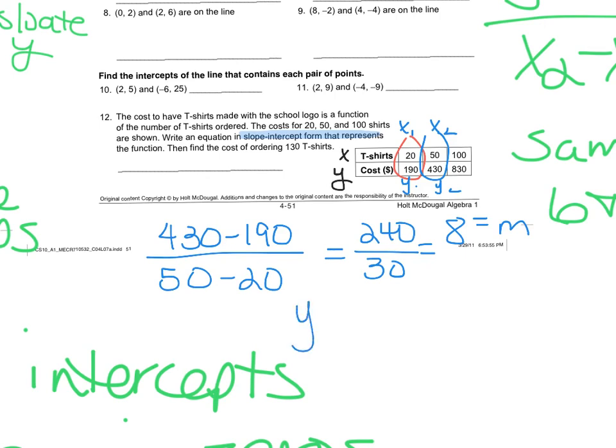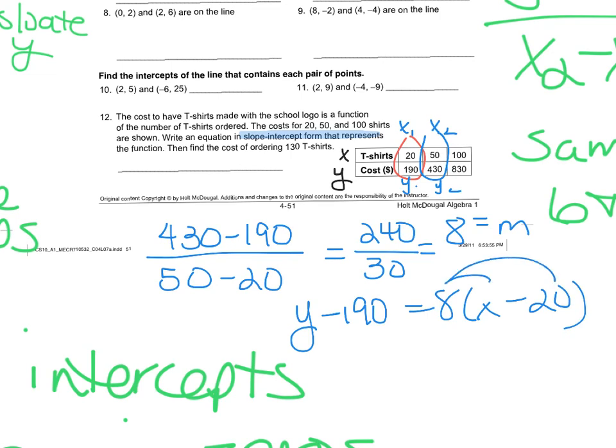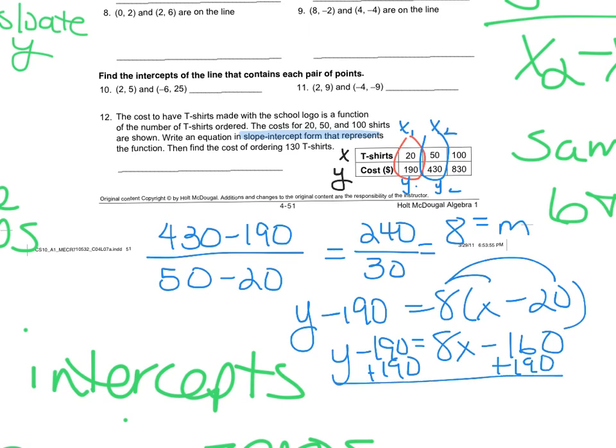So I'm going to choose the first ordered pair, and now distribute. 8 to the x, 8 to the negative 20. Add the 190, and I get y equals 8x plus 30. That is the slope-intercept form.